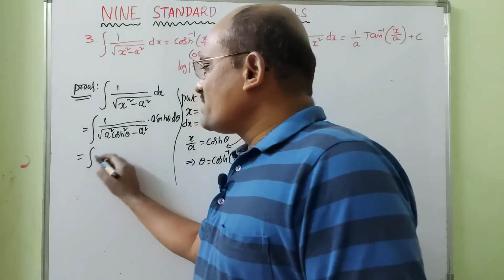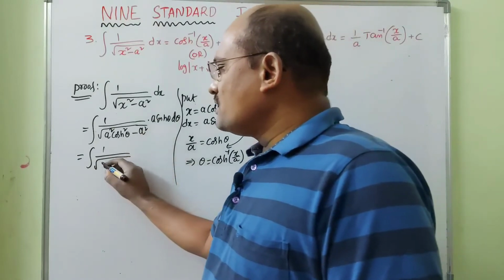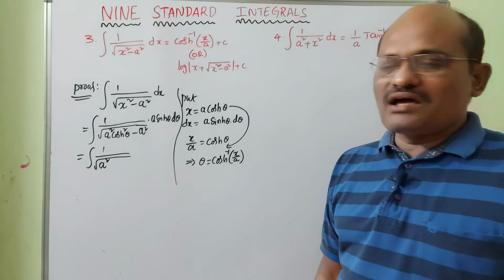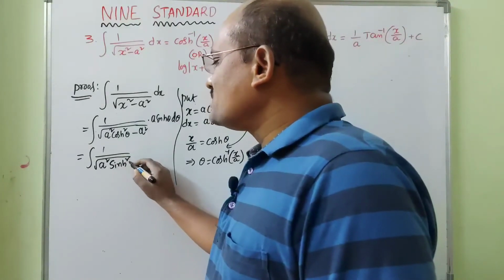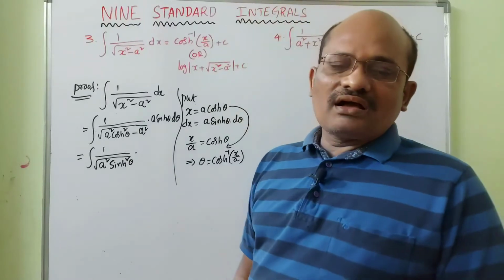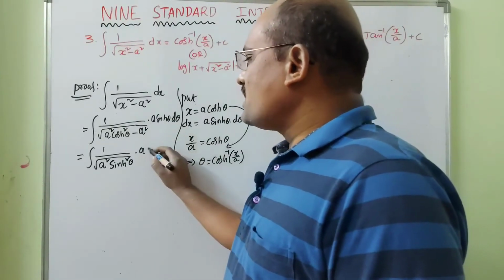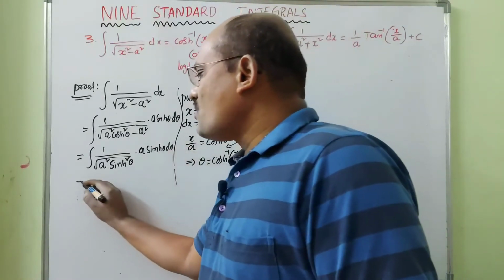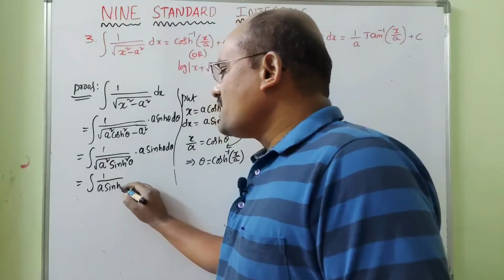Now go for simplification. Here you will find inside the root you will get a square common. If you take a square common you will get cosh square theta minus 1. That is nothing but sinh square theta. This is from hyperbolic function formulas. Now this is a sinh theta d theta. Now apply root here, you will get 1 by a sinh theta.